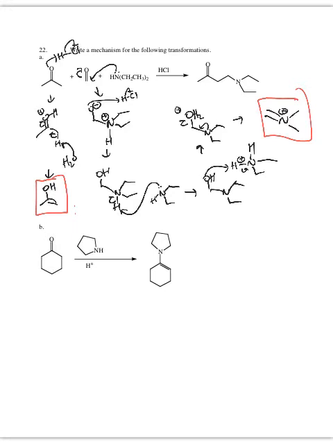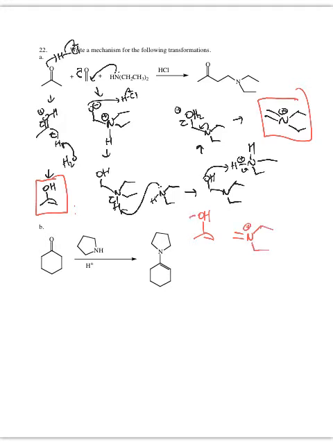So what we need to do is draw them down here where the enol is closer to our iminium. Just noticed I lost our ethyls there.